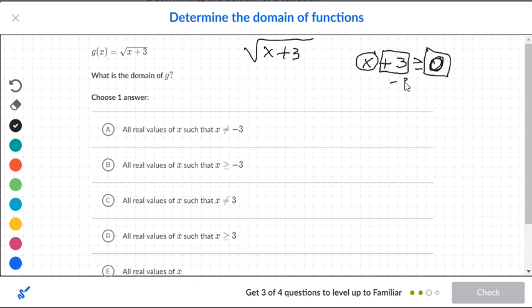So we're going to subtract both sides by 3. So in doing so, we'll cross that out. This becomes x, and this is a negative 3. So we always want the x to be greater than or equal to negative 3.